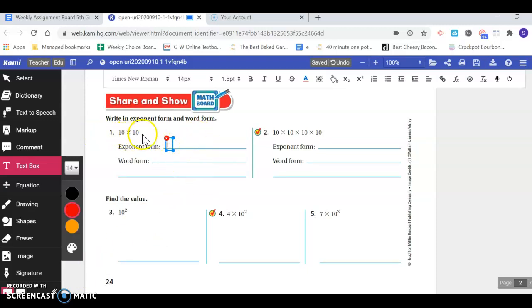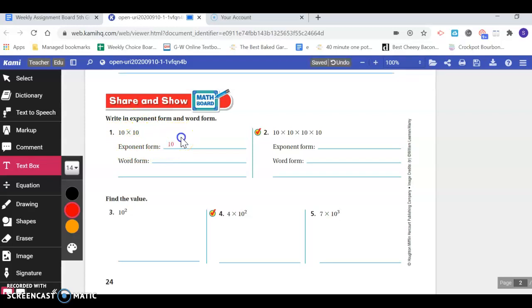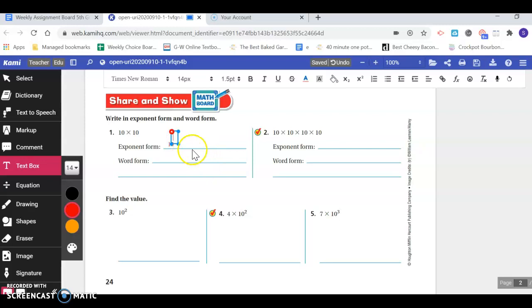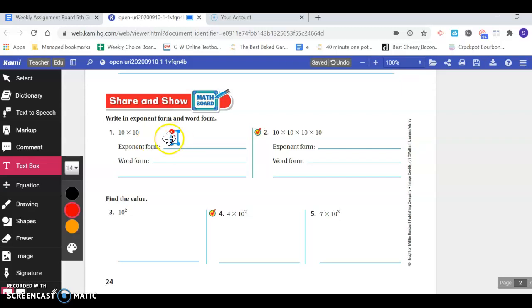So now here I have 2 tens multiplied. To do that with Google, Kami, you're going to want to write your 10. Okay, that's your base. And then you're going to want to put another text box somewhere above it to be able to write how many tens you have. There are 2 that are there. Okay, and then you can always drag it and put it in the right spot.